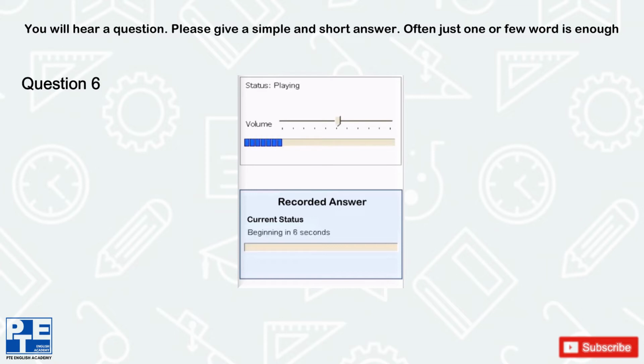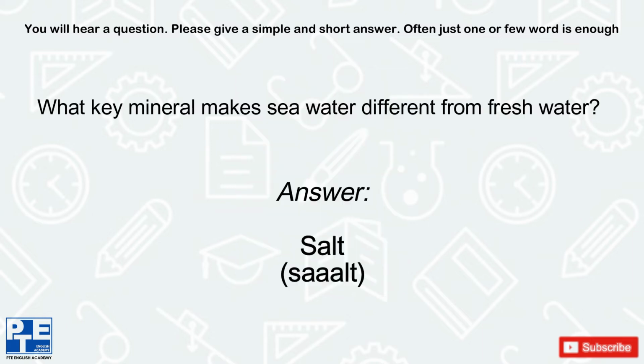What key mineral makes seawater different from fresh water? Answer: salt.